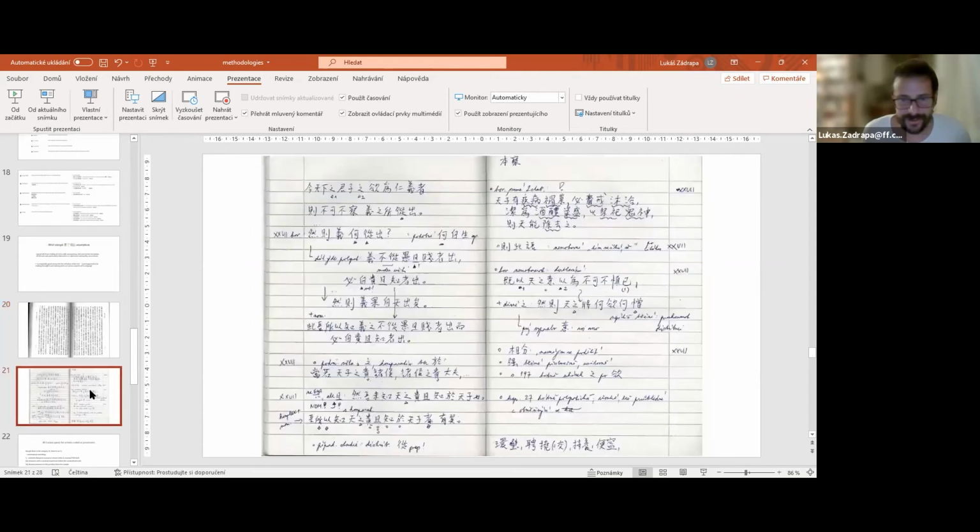And this is a scan of my notebook, and you can see that it is simply no advanced technology, but just a pen and paper and just going through it.